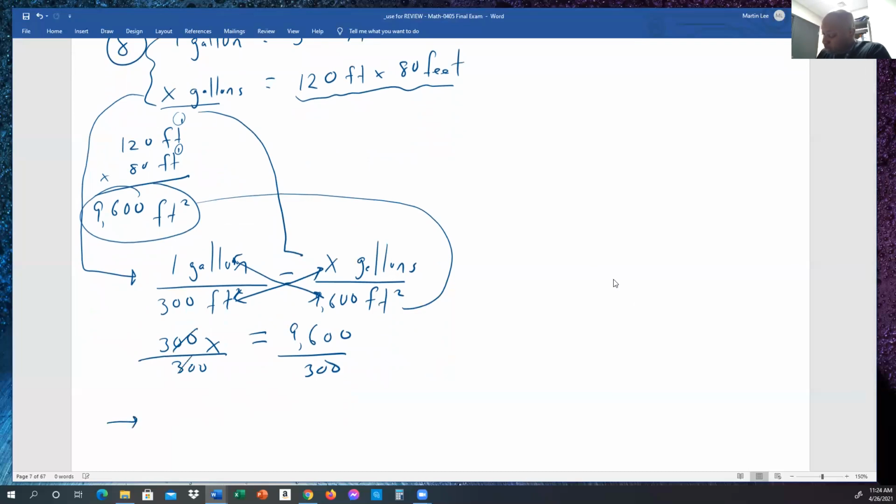And so we wind up with x is equal to 9,600 divided by 300. It equals 32. And since this x is the same as this, then we know this means 32 gallons.